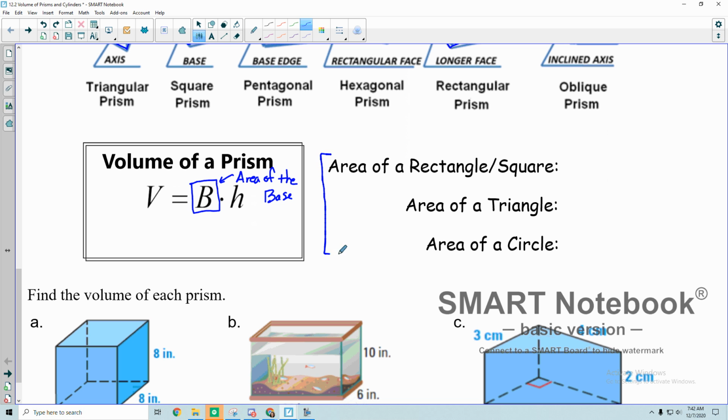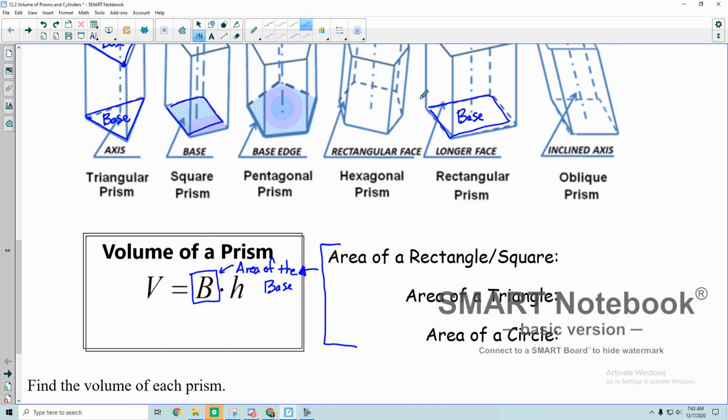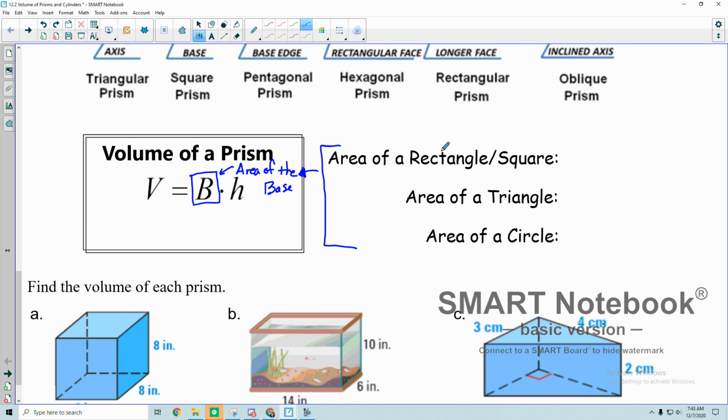Here are the different things we could potentially plug in for B. The first is the area of a rectangle or square. What if we had a square or rectangle for the base? What we would plug in is just length times width. If we had a rectangle or a square, to find the area, it would just be length times width.